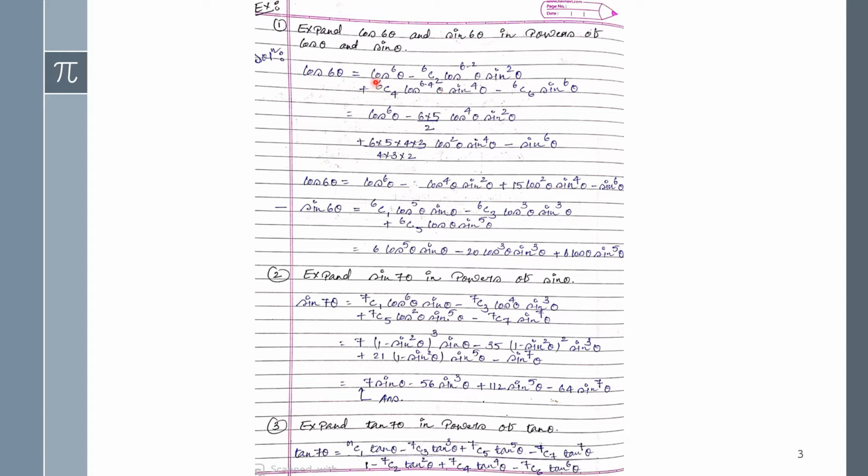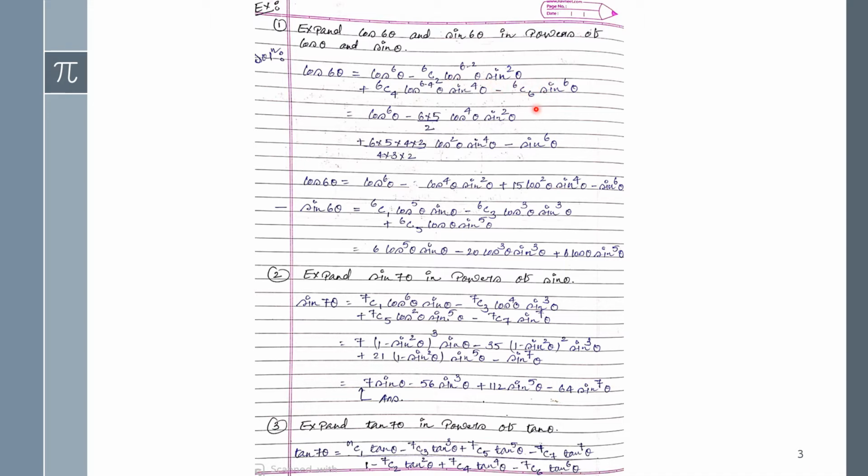So 6c0 first, then 6c2, then 6c4. Same for cos theta: decrease, that is n minus 2, 6 minus 2, then n minus 4, 6 minus 4, and then n minus 6, 6 minus 6, that will be 1.